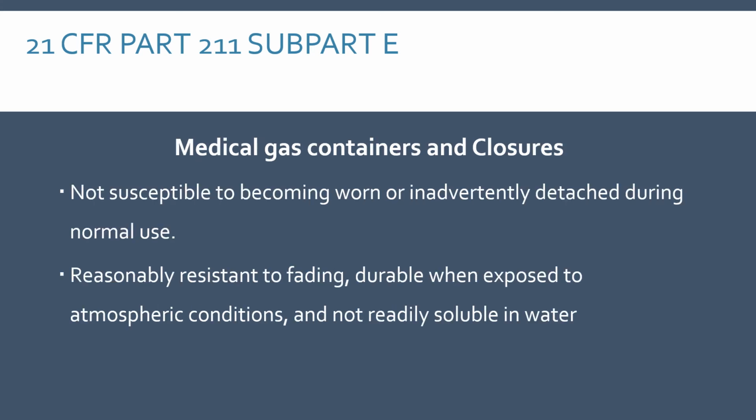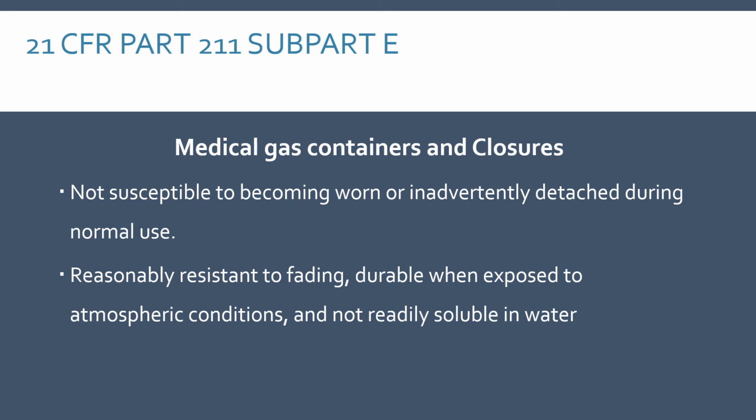So Subpart E covers medical gas containers and closures. It covers their labels. So naturally you can't open these containers and see what's in them because it's a gas. So the labels have very strict regulation. They can't be susceptible to becoming worn or inadvertently detached during normal use. And they have to be reasonably resistant to fading and durable when exposed to atmospheric conditions, and not readily soluble in the water.